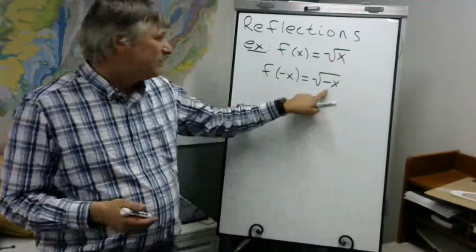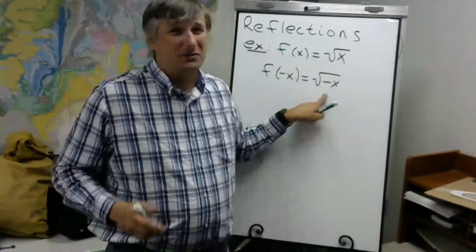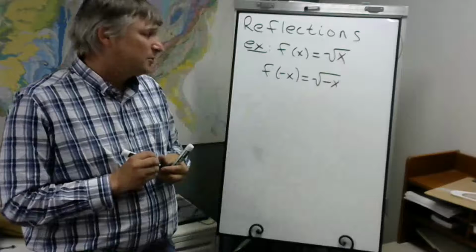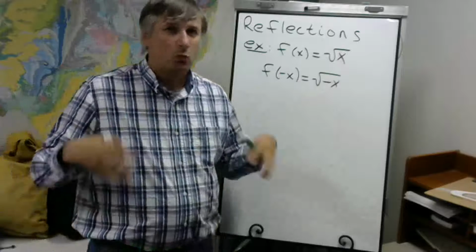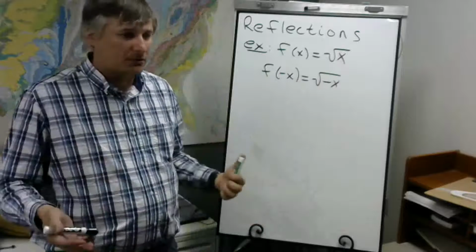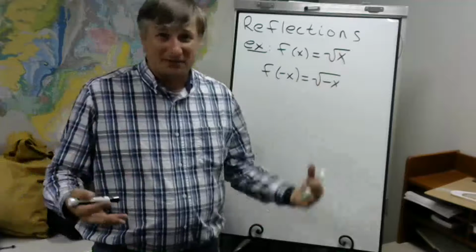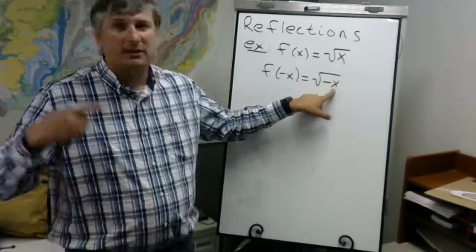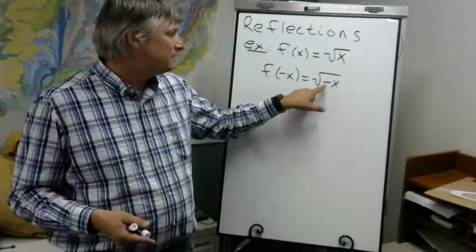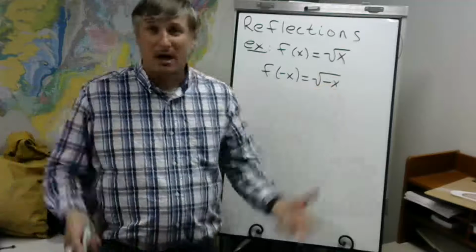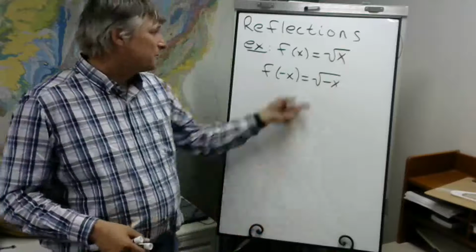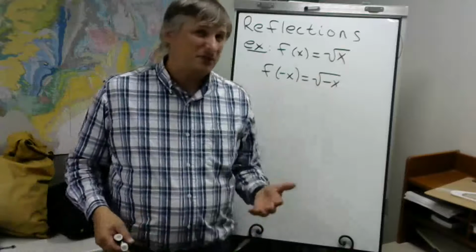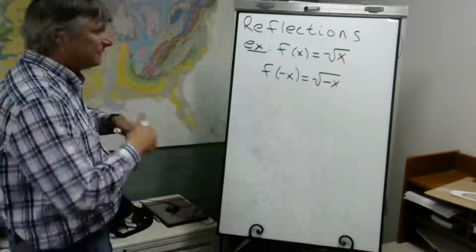Not going to work. This forces us to change the domain. So instead of using 0, 1, and 4, we have to use 0, -1, and -4. Negative of -1 becomes a positive. -4 becomes a positive form. So for this, we do have to look at the domain. So let's take a look.